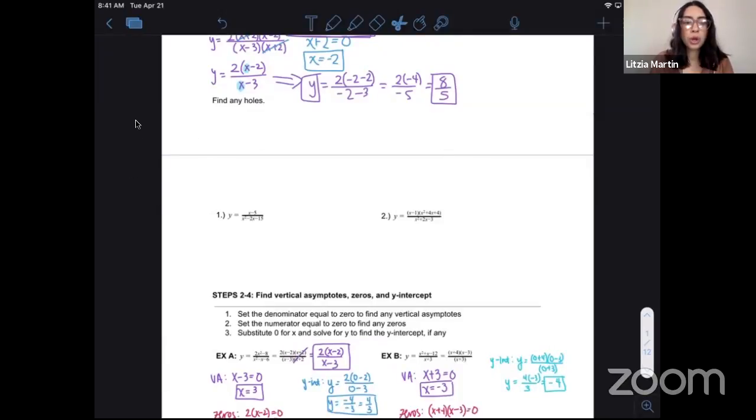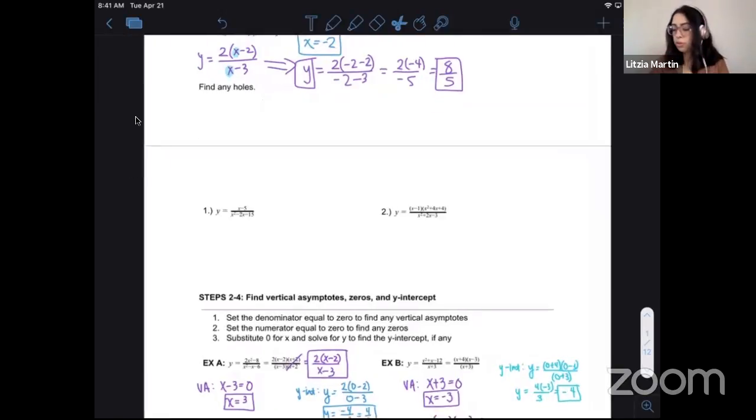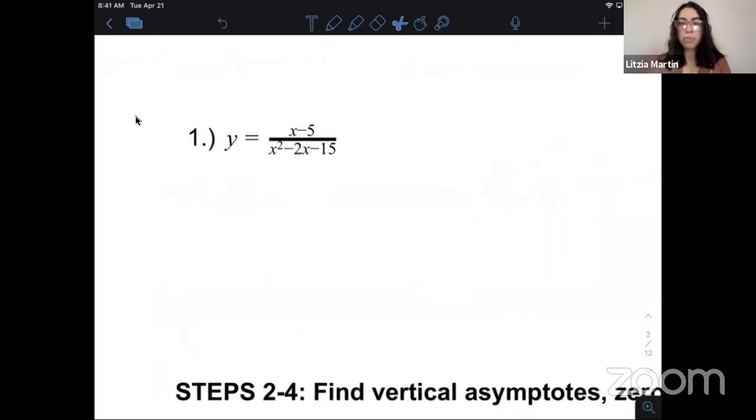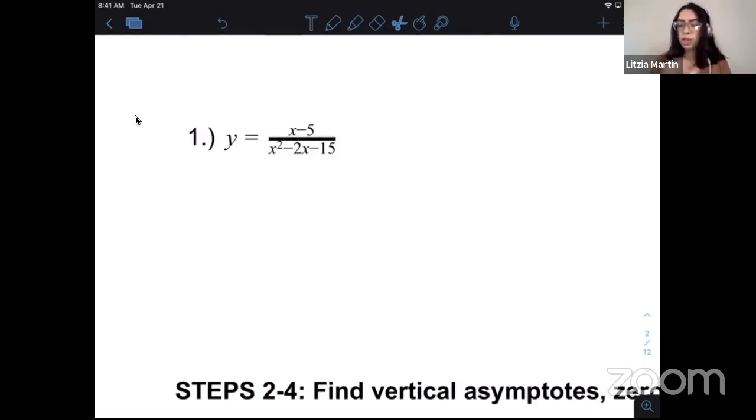Okay, so holes, especially this problem that I saw some people got incorrect on Play Pause It. We'll start with this, and then we can do extra examples if we need to. So y is equal to (x minus 5) over (x squared minus 2x minus 15). The first step is to factor.